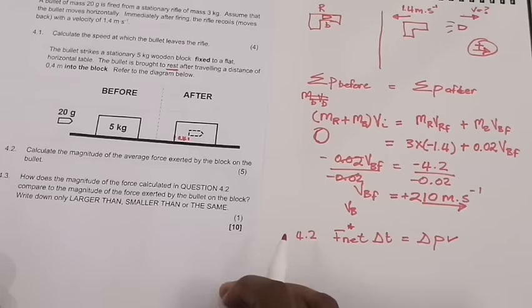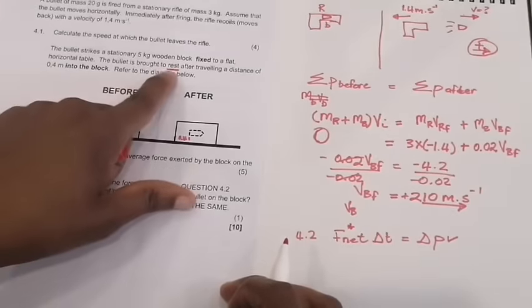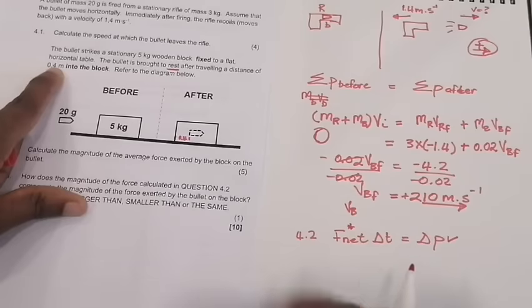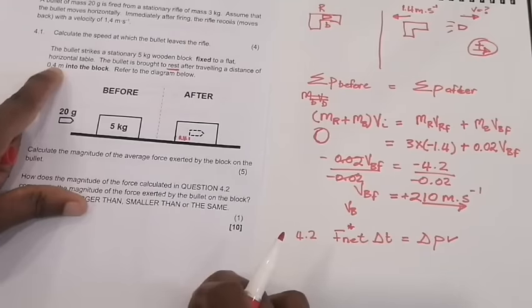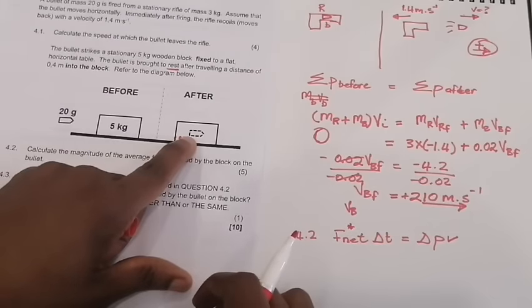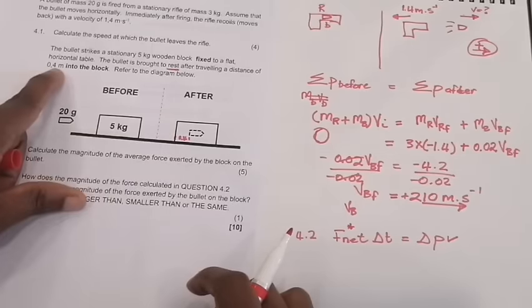They said it's brought to rest. I know the distance the bullet traveled. I've got the initial velocity of the bullet, the final velocity of the bullet, and the displacement that it traveled.